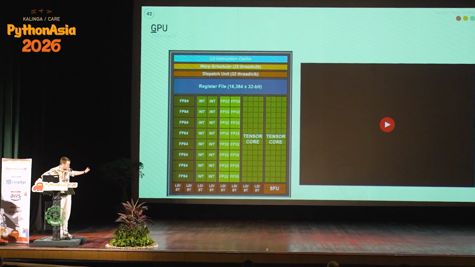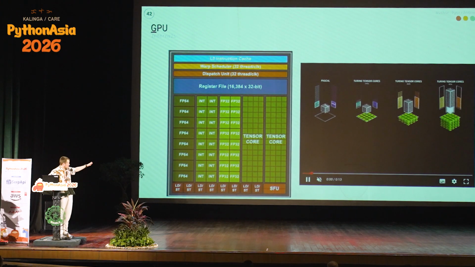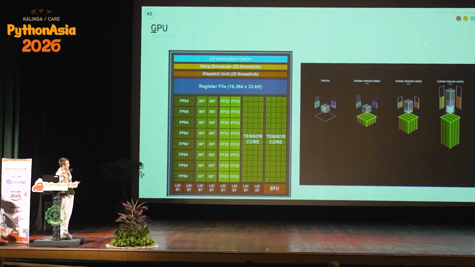We have a different architecture of GPU, and this architecture allows computing much faster.